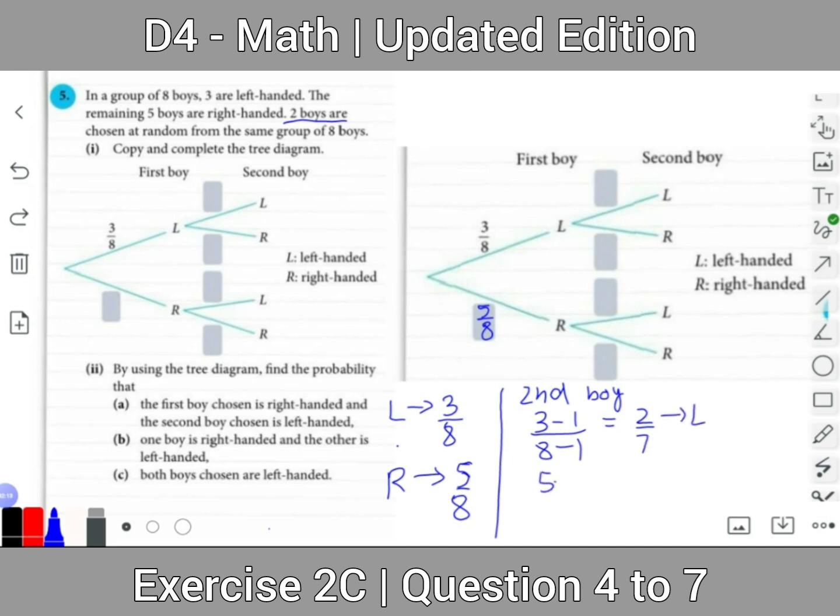Similarly, 5 minus 1 over 8 minus 1 will be equal to 4 over 7, and that is for right-handed. So the probability that the second boy chosen is left-handed is 2 over 7. Now the probability that the second chosen boy is right-handed will be 4 over 7.